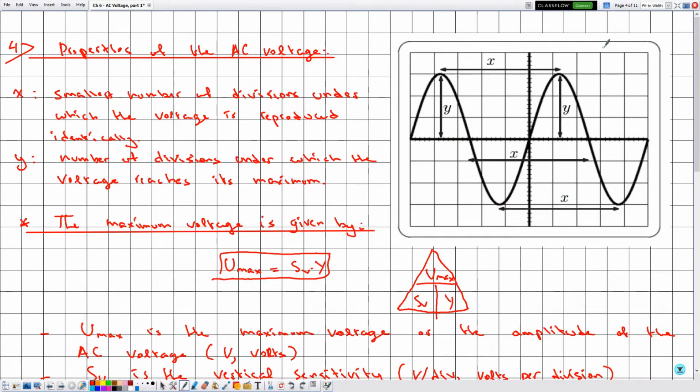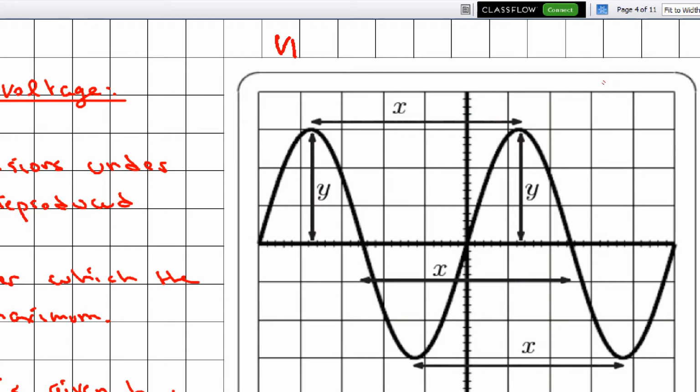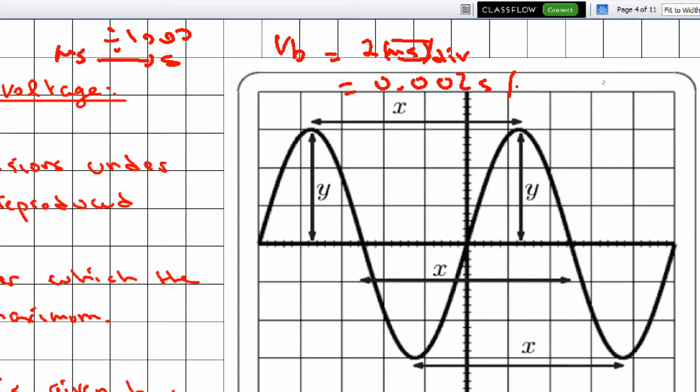Now VB is usually given. Suppose that VB in this case is given by 2 milliseconds per division, and we know that millisecond is not the SI unit of time. In order to convert from milliseconds to seconds, we divide by 1000, so this is given by 0.002 seconds per division. And in this case, the value of X we have calculated previously is 5 divisions.